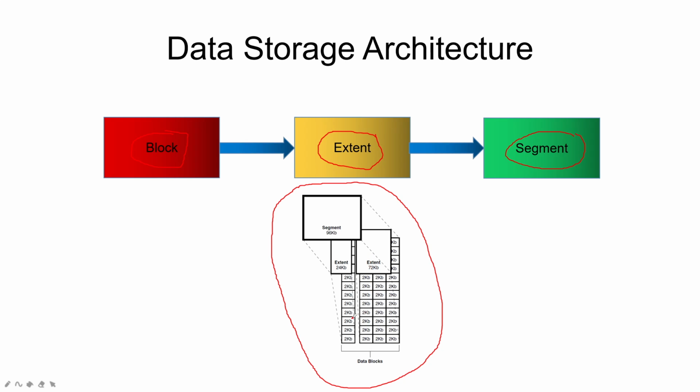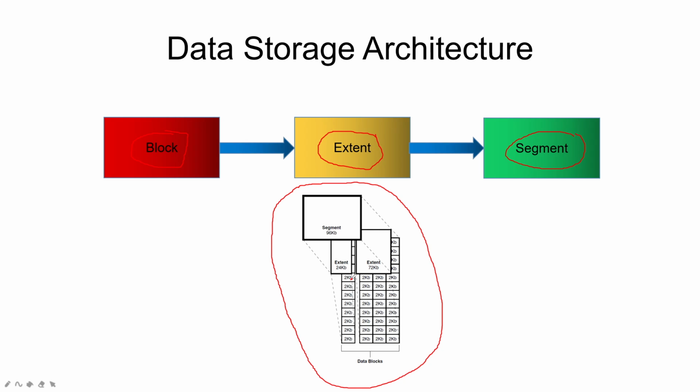Now you can see that the ones with 2 kilobytes are the blocks, the data blocks. The data blocks are the part of an extent; a single or multiple data blocks make an extent, right? So you can see this is 2 KB, this is 24 KB.